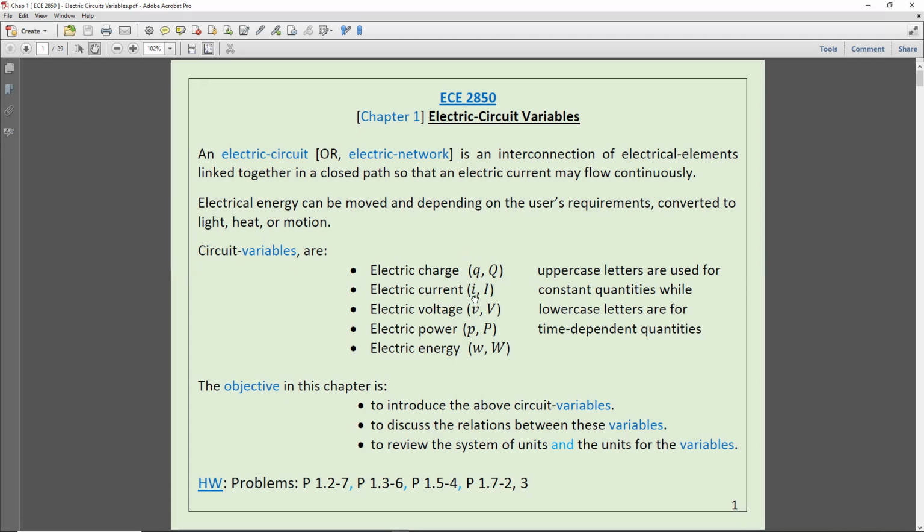Electrical current, we use I. Voltage, we use V. Power, we use P. Energy, we use W. Because these are variables in every circuit, we are going to define them in this chapter. By the way, usually it's a convention to use uppercase when it is constant, when it does not depend on time or change with time, when it is uniform. When it changes with time, usually we use lowercase.